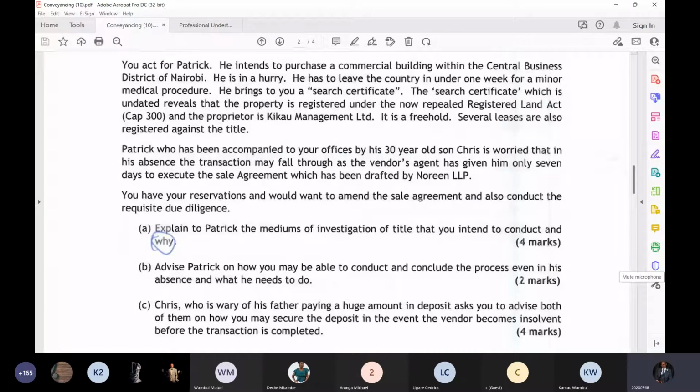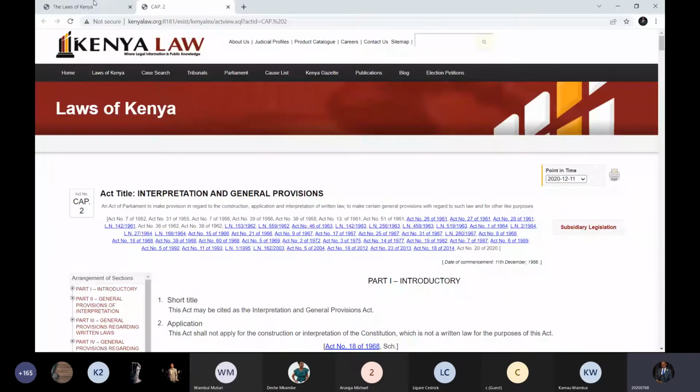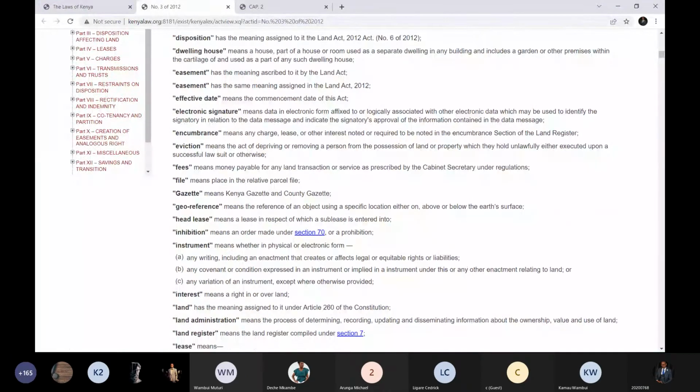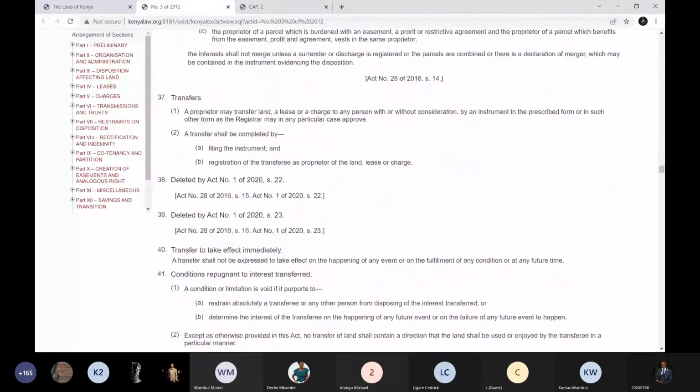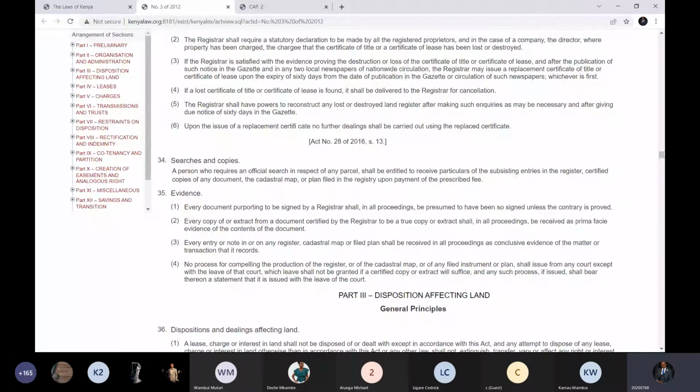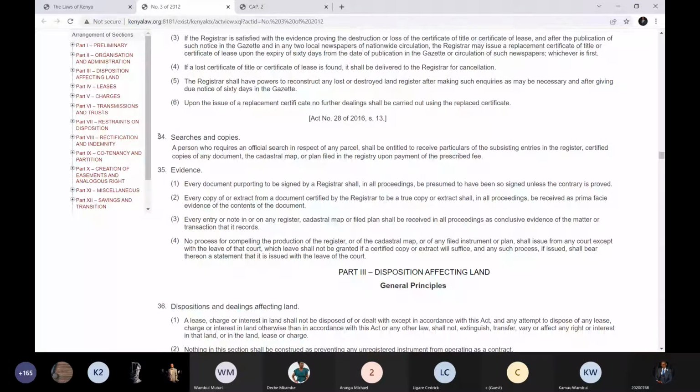Let's begin with searches. Where do we get searches from? And what is the essence of a search? Sections 34 to 36 of the LRA. Yes, there's 34. 34 is on searches.